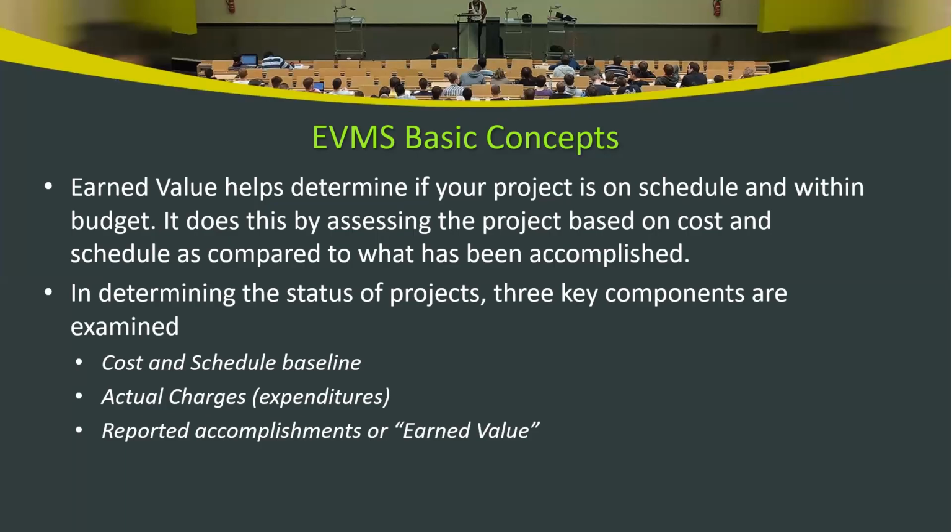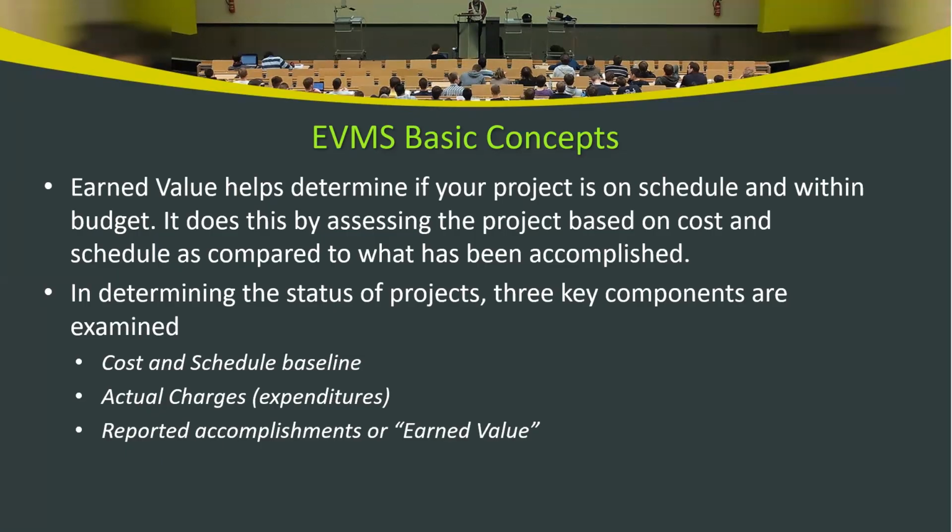Because basically what an earned value management system does is compare the actual performance with the budgeted or planned performance, and baseline performance is planned performance. And then the third thing that it looks at is earned value. So what has been accomplished?